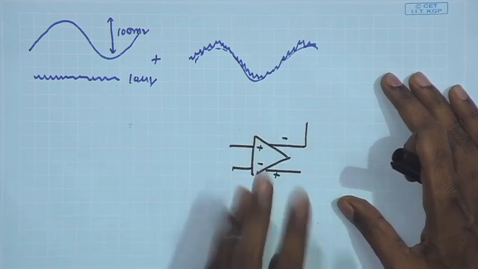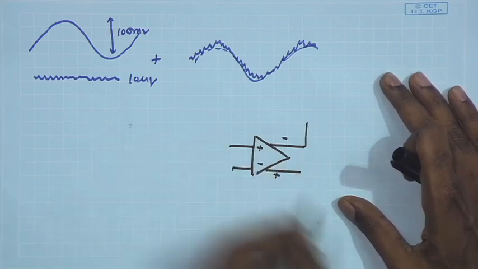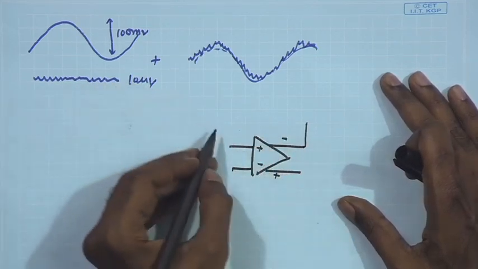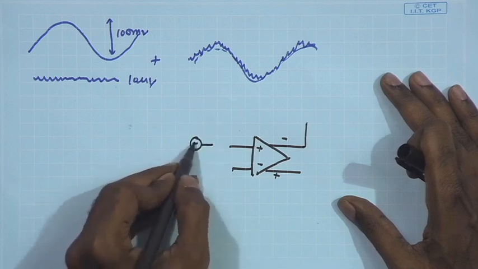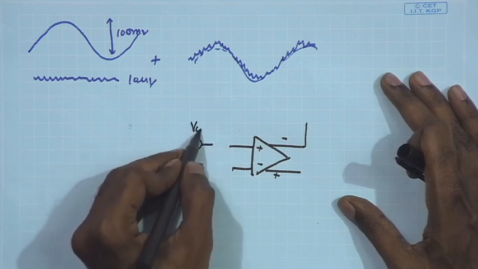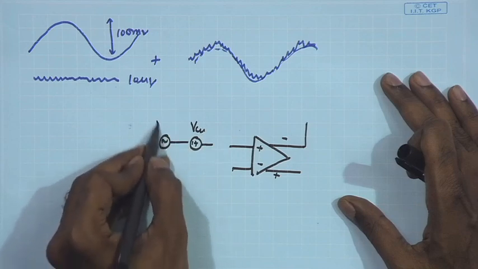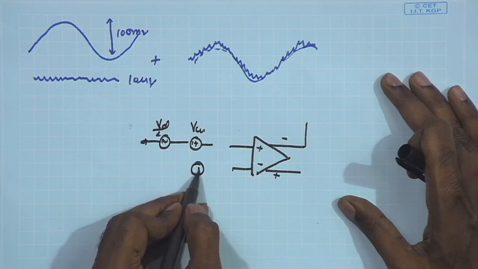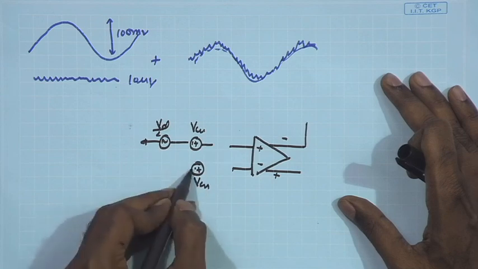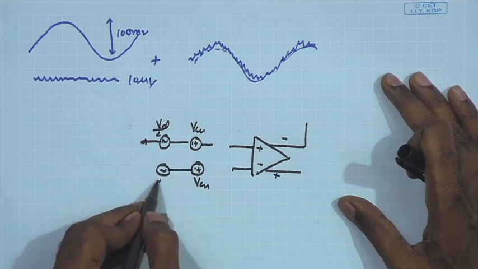So remember, if we do not have the resistive feedback, and suppose you have some DC bias, on top of that DC bias you have some AC signal coming in. So you have some VCM and then you have the AC signal VD by 2. And likewise on the other side you have another VCM, the common mode, and then you have minus VD by 2.